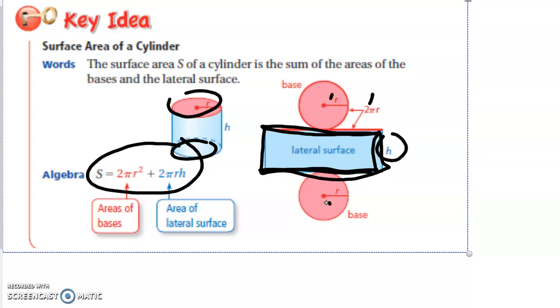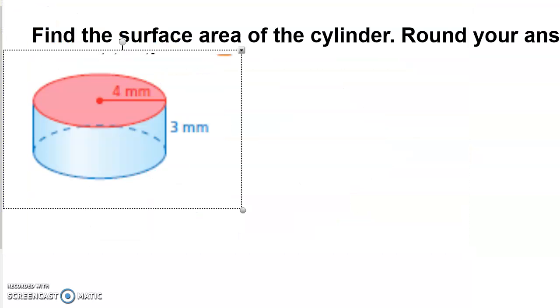Okay, let's do a little bit of practice. Okay, so here's my cylinder. For surface area, the first thing that we want to do is find the area of the top and the bottom.